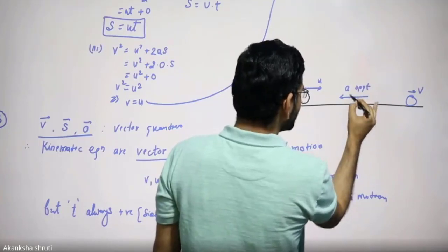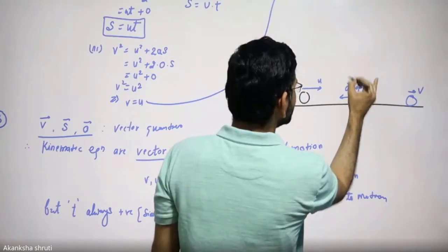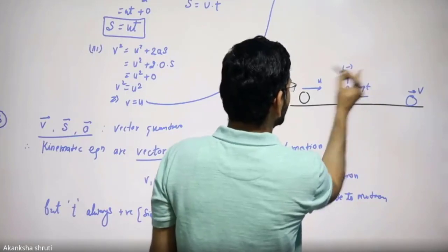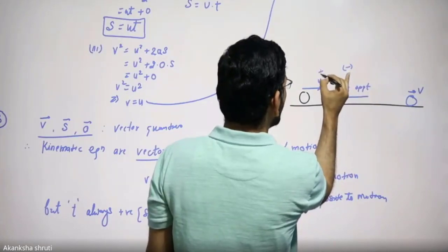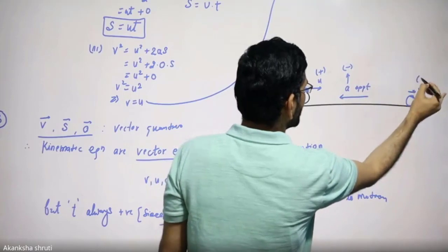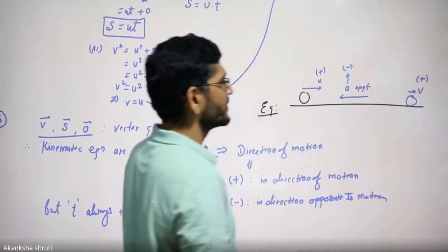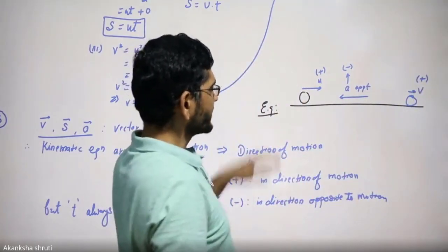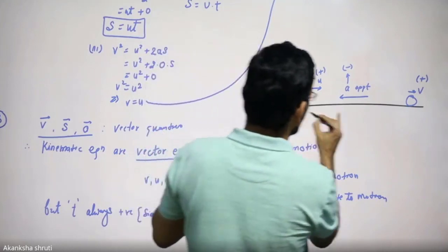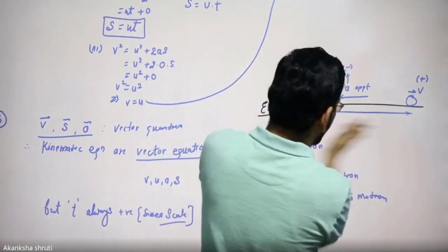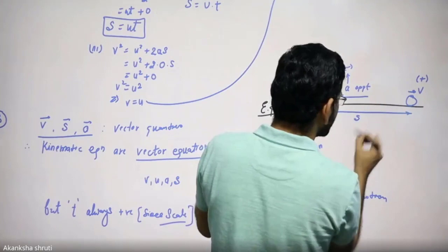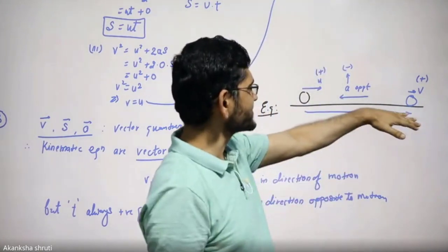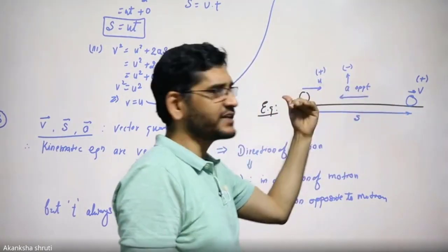If A is in the opposite direction, you have to take this A as negative, but U and V you have to take as positive. Here it is moving in this direction, the direction of motion where the displacement is covered. So displacement is taken positive, but acceleration is in the opposite direction.